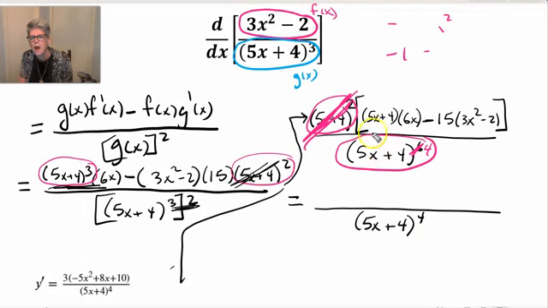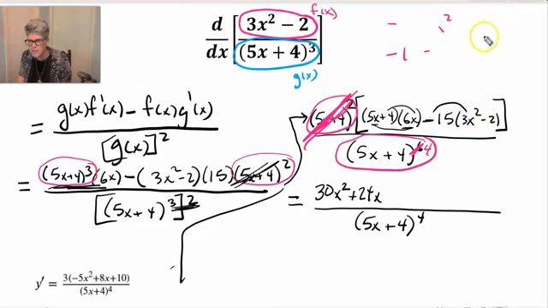Okay. Now I'm going to go ahead and multiply everything through in the numerator. So I'm going to have 5x times 6x, that's 30x squared. Then I'm going to have 4 times 6x, that's plus 24x. Then I'm going to do the same to the next. Negative 15 times 3x squared is minus 45x squared.